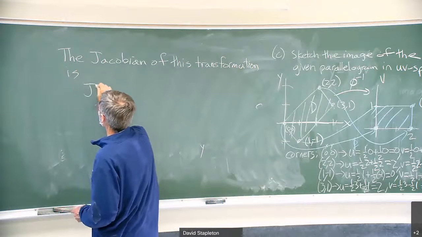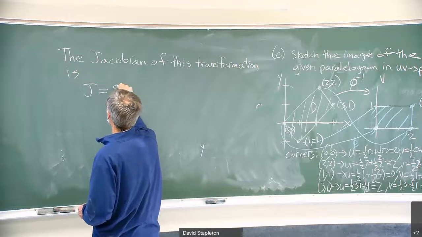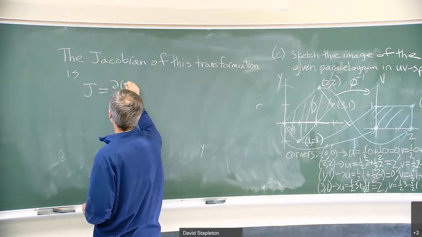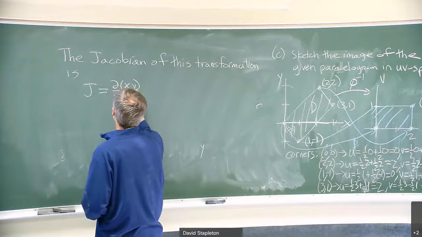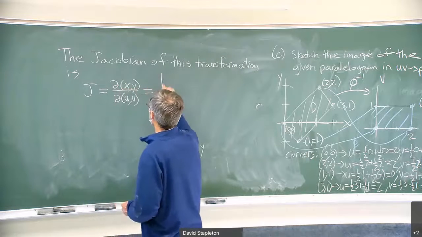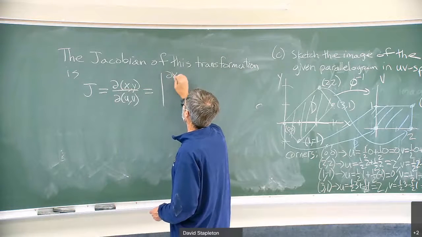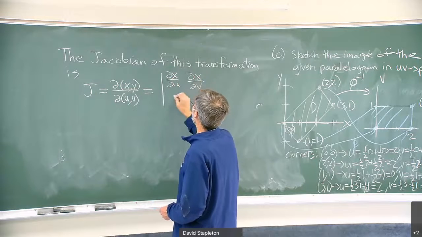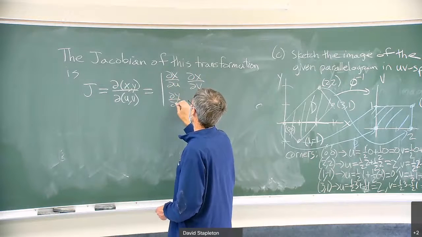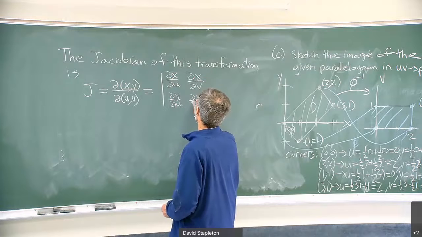What is it? We said that the Jacobian, also written as d(x,y) over d(u,v), is the determinant of the partial derivatives: dx/du, dx/dv, dy/du, dy/dv.